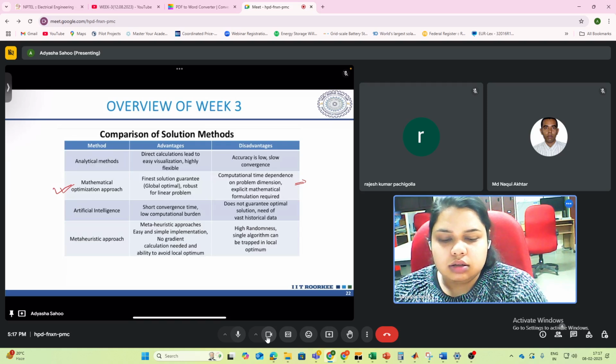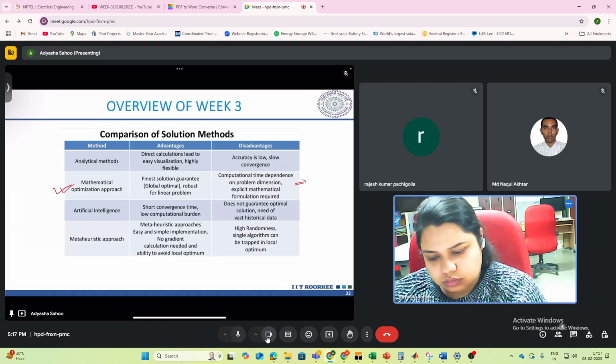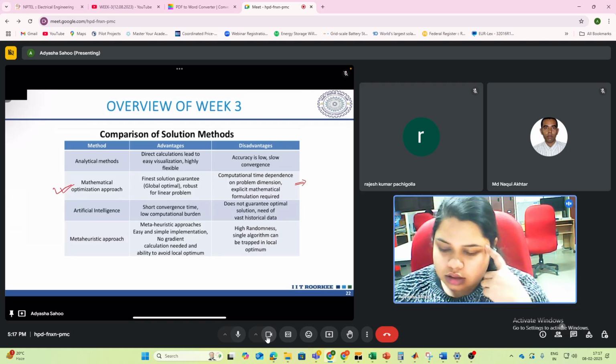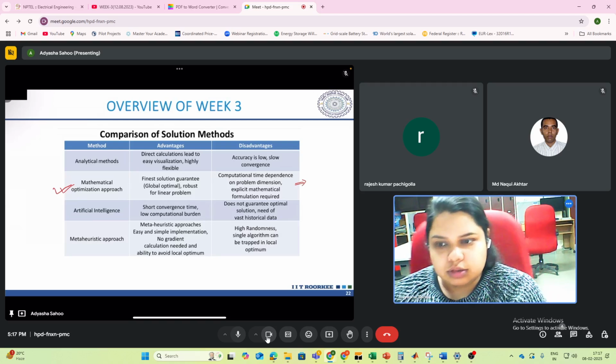Again, these techniques always give different solutions for different runs of the same algorithm. So these are also not robust from the solution point of view, but their implementation is easy. The next thing that we require is the battery management system.